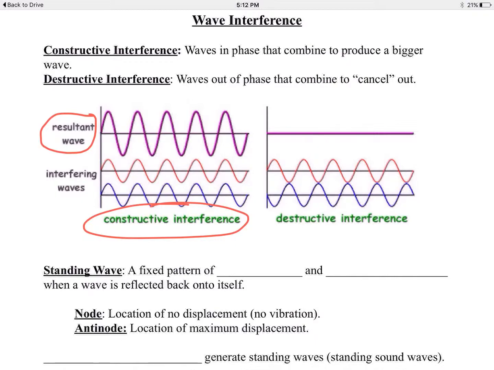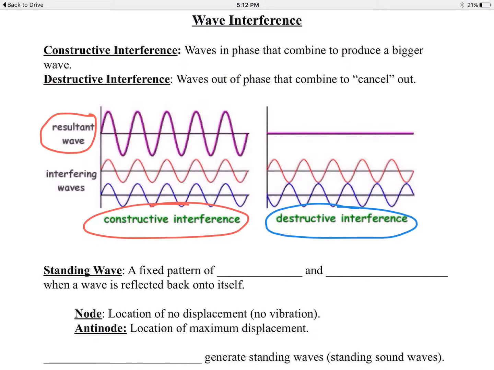As opposed to destructive interference, if you have the peaks matching the troughs, and you combine those two waves, they basically cancel each other out, and you get nothing, you get a flat line. Once again, if you had sound waves exhibiting destructive interference, the two waves would be added together and cancel out, and you get quietness.